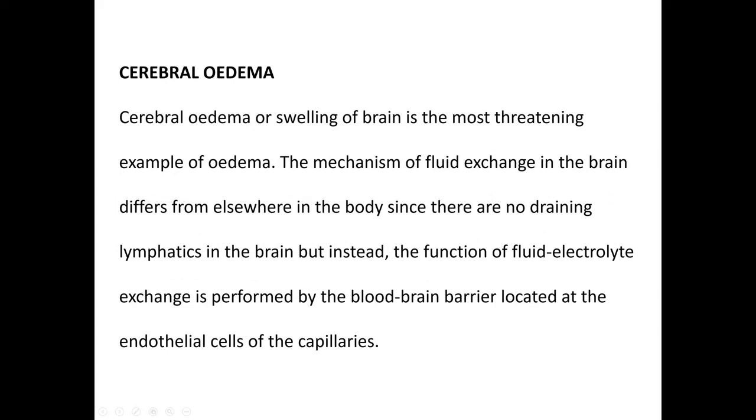Cerebral edema or swelling of brain is the most threatening example of edema. The mechanism of fluid exchange in the brain differs from elsewhere in the body, since there are no draining lymphatics in the brain, but instead the function of fluid electrolyte exchange is performed by the blood-brain barrier located at the endothelial cells of the capillaries.